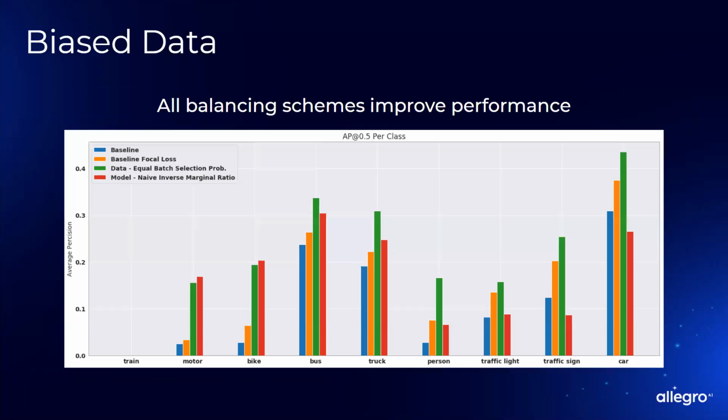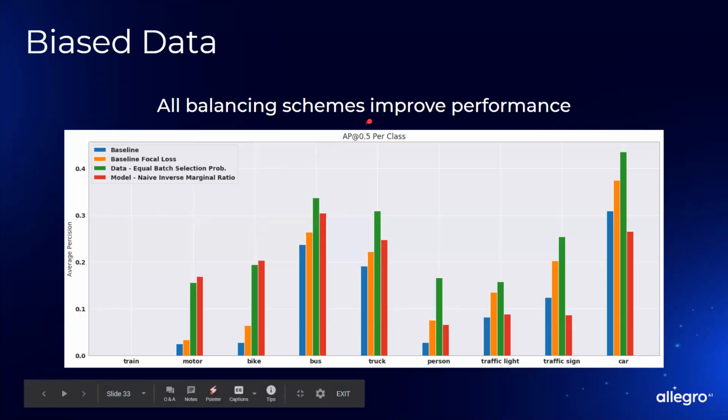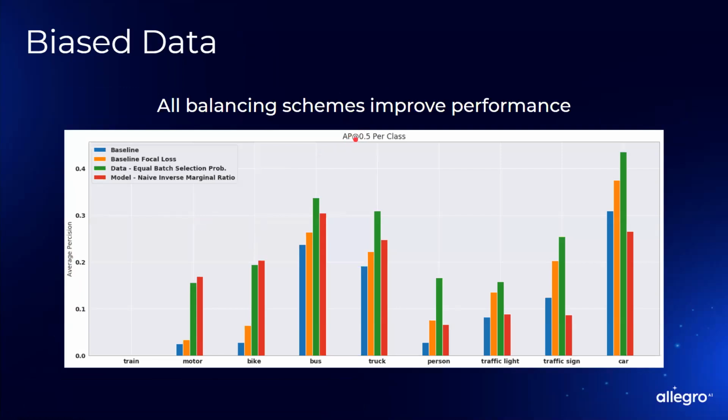Well, everything works. If you take the baseline, and we're talking about the average precision in IOU of 50% per class, it means that you were able to classify correctly and also locate in the image with a pretty good accuracy. It's not perfect. For practical purposes, you would want to have an IOU of 0.7, but 0.5 means it works.